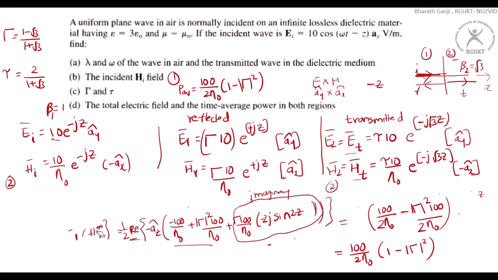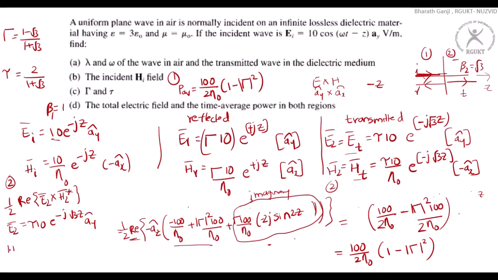So I can write it as half times of real part of E2 cross producted with H2 bar, H2 conjugate. If I take conjugate to this, what happens? Let me write the fields. The E2 field in our case is tau times of 10 into e power minus j root 3 z into ay cap.